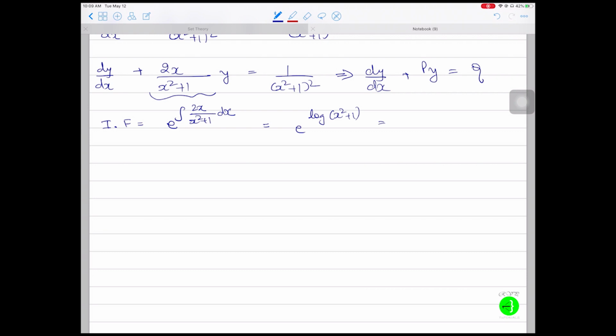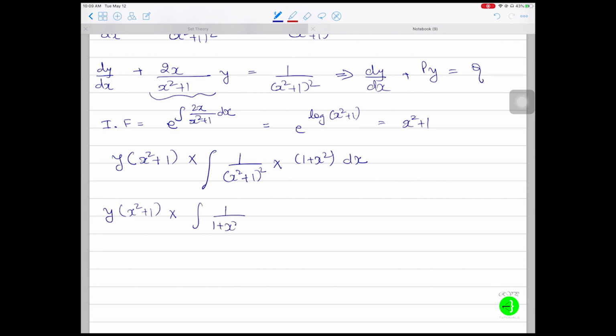And now the solution of this differential equation is y times the integrating factor, which is x squared plus 1, equals the integration of this term q, 1 over (x squared plus 1) squared, times the integrating factor dx. So we are left with 1 over 1 plus x squared dx, and we know the integral of this is tan inverse x.